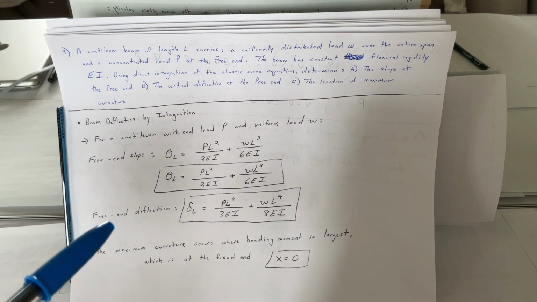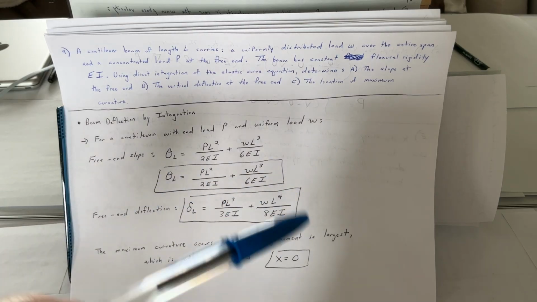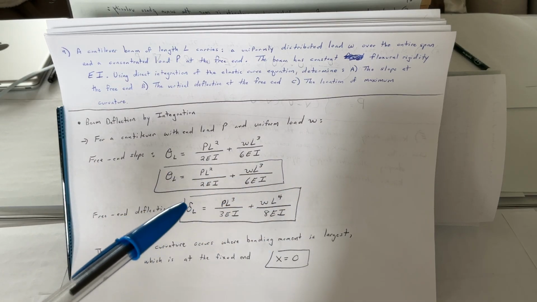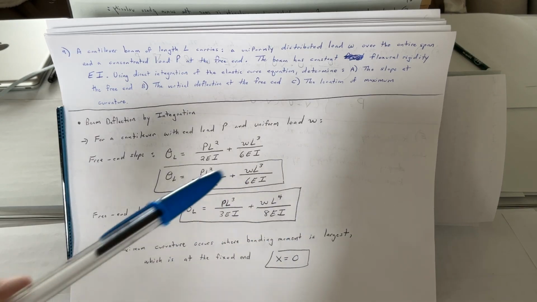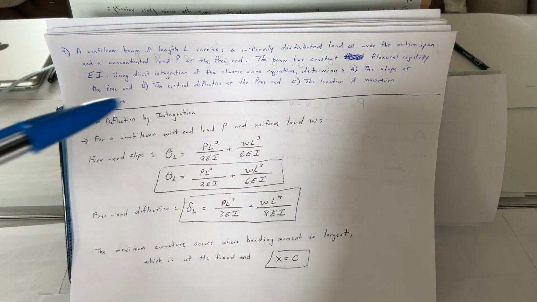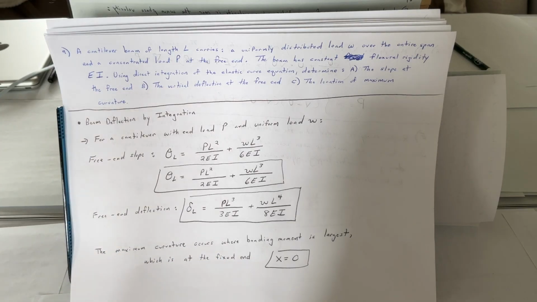And right here is your free end deflection. I apologize for my very poorly drawn delta. This is delta sub L equals this portion here. And one final note, the location of maximum curvature is going to occur at x equals 0, because that's where the bending moment is largest, which is at the fixed end.